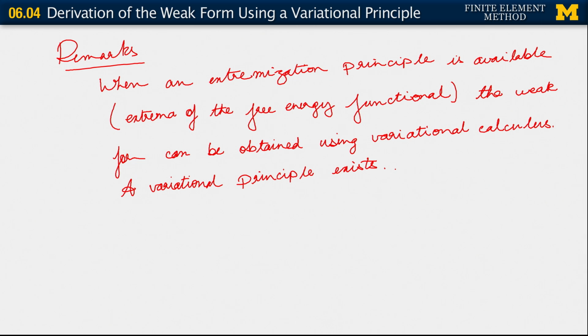All right, so this is a useful thing to know. Now, what we see in this case is that, of course, we get back the weak form when we invoke elasticity. However, we also know that the same weak form works for other problems as well. It works for heat conduction, it works for mass diffusion.